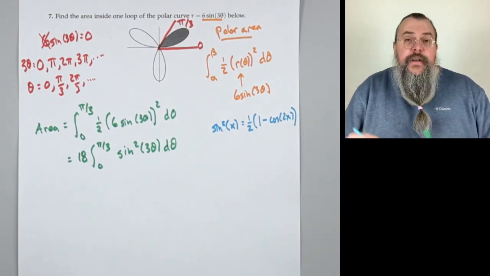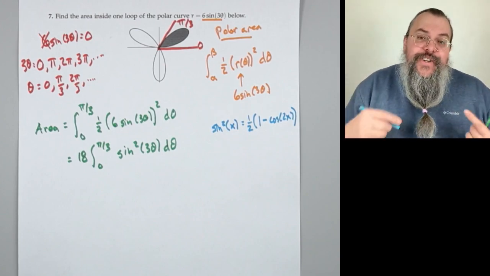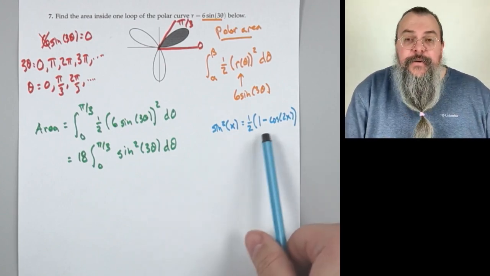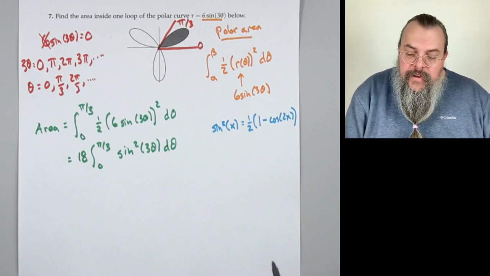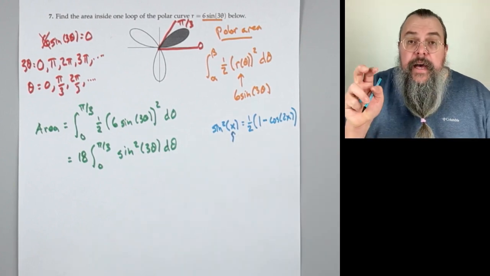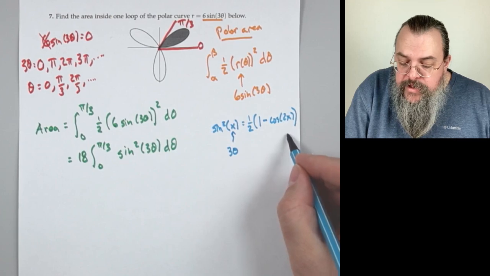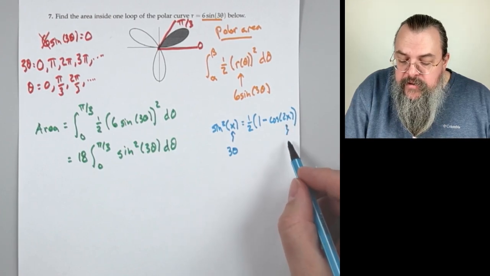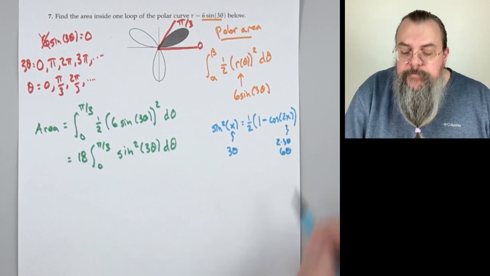So, when in doubt, try a couple values. Okay, when I plug in x equals 0, I should get 0. And that's how you can know whether it's a plus or minus. All right, so in our case, our x is our 3 theta. So 2 times x is going to be 2 times 3 theta, or 6 theta.